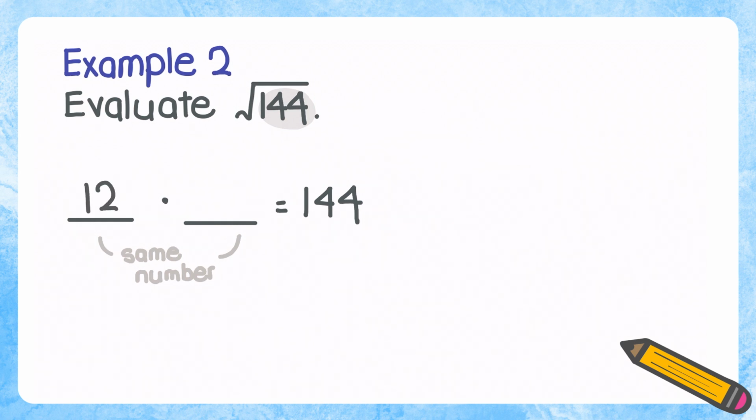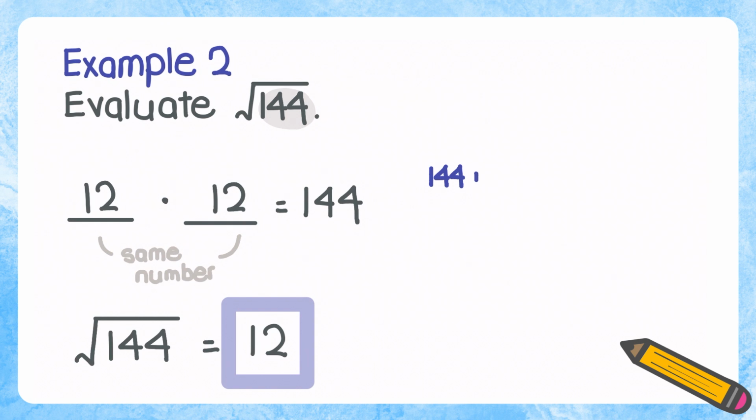Since 12 times itself, 12, equals 144, I know that the square root of 144 equals 12. Notice how I got an exact value. 144 is actually another perfect square.